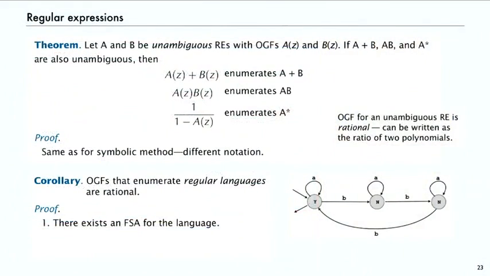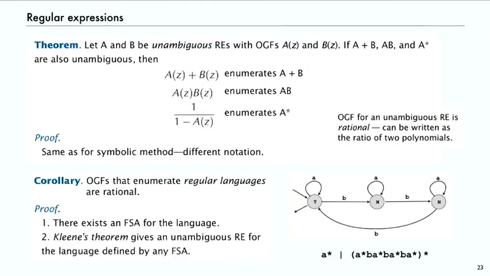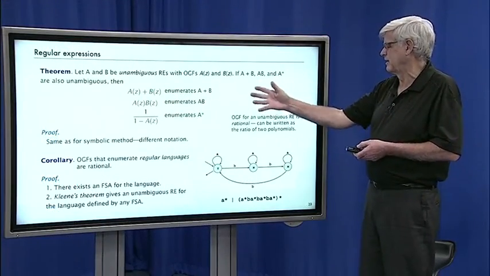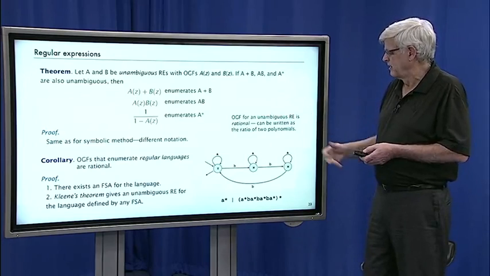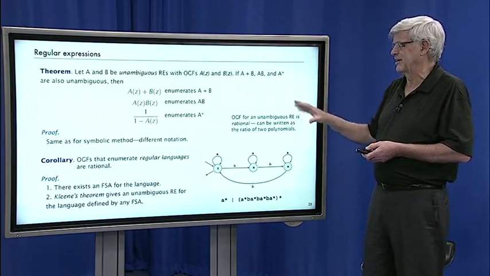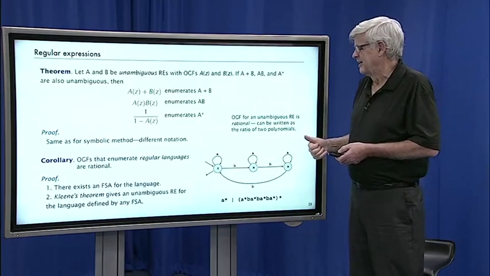One way to define a regular language is that there exists a finite state automaton for the language. And then Kleene's theorem, if you look at the details, takes a finite state machine and gives a regular expression that is unambiguous. And then if there's an unambiguous RE, then it's rational.